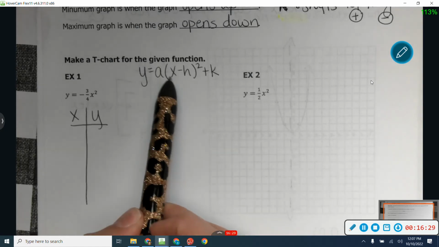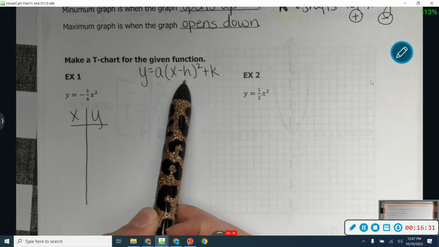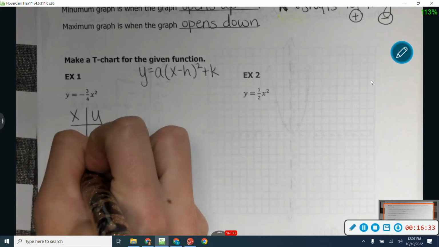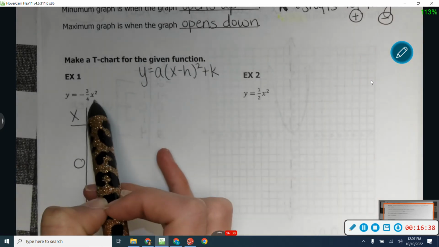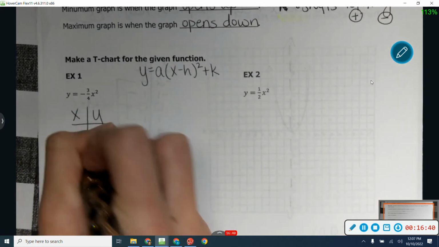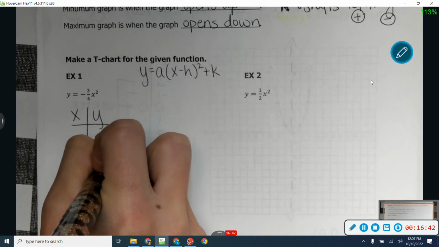Do I have an h tacked on to my x? No, so that would be 0. Do I have anything added or subtracted behind my x squared? So that would be 0. So I'm still at 0, 0.